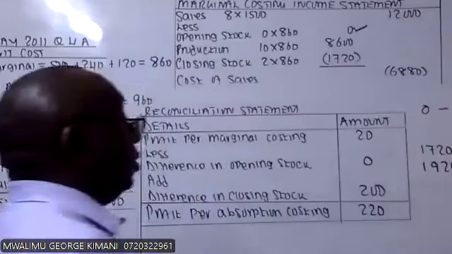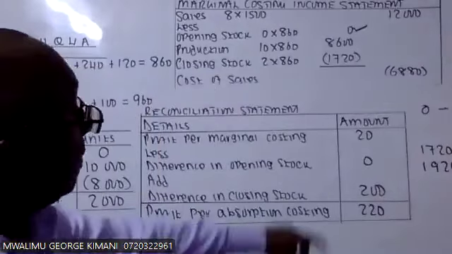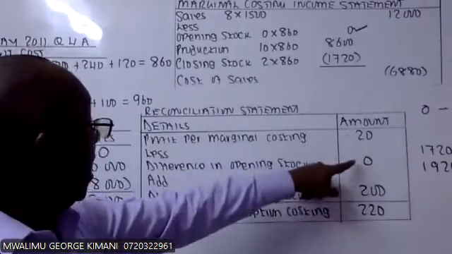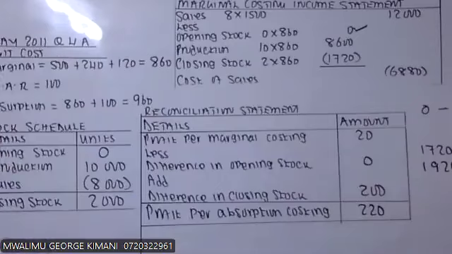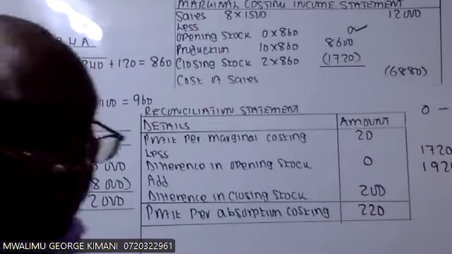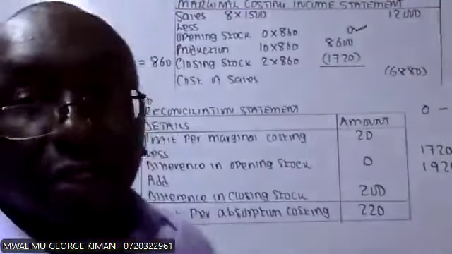So you can now see that our statement is reconciling. 20 minus 0 plus 200 goes to 220. Any question?